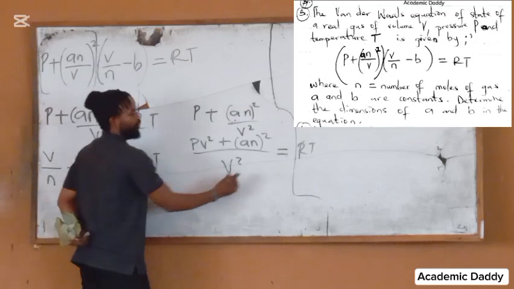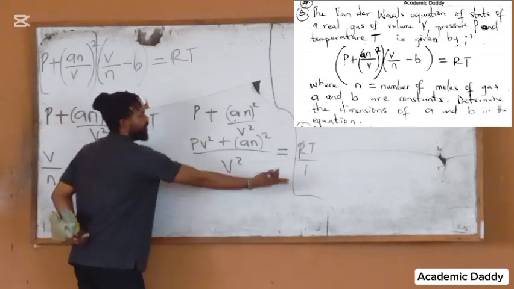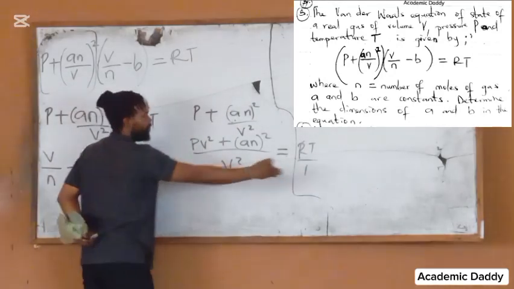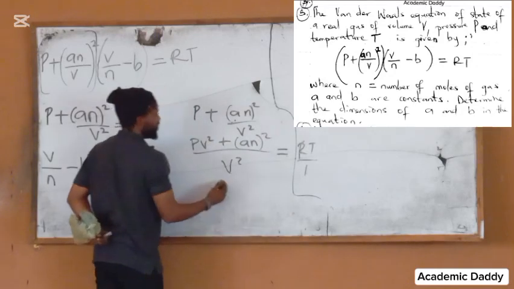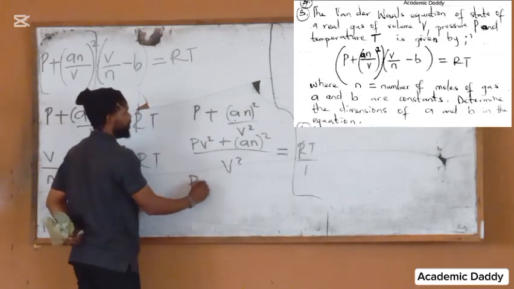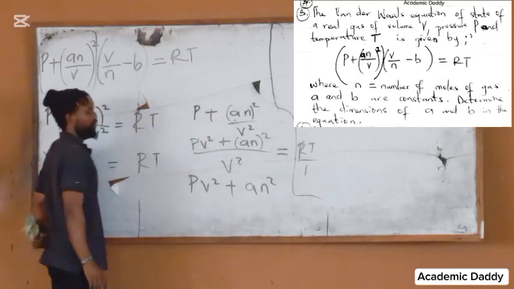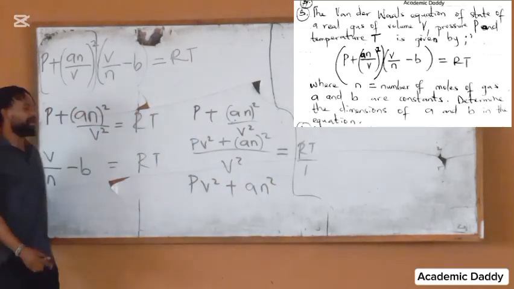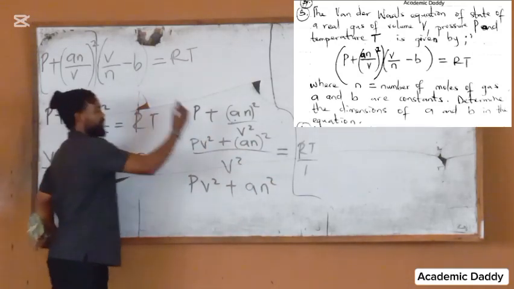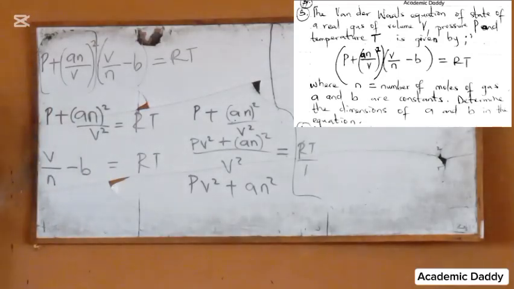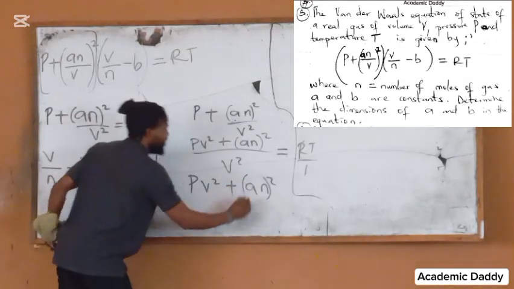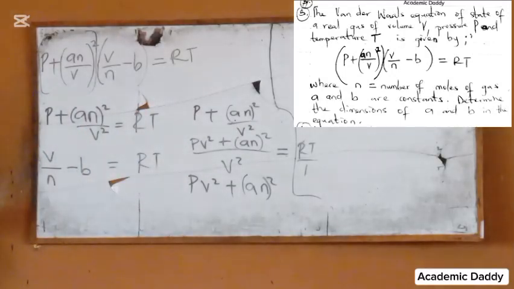Notice that this V square, you remember, can just move over there so that what I'm focusing on is simply PV square plus AN square. So I've thrown this one to that side. Remember that our focus is always on this side. So if I do that, I'm left with PV square plus AN square.